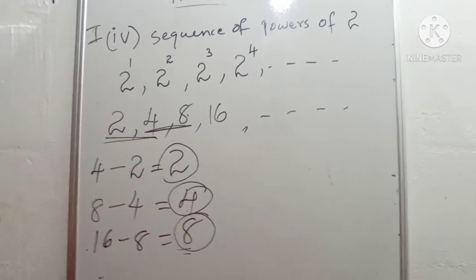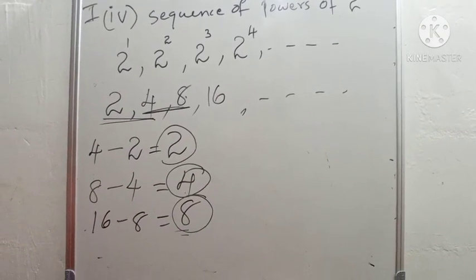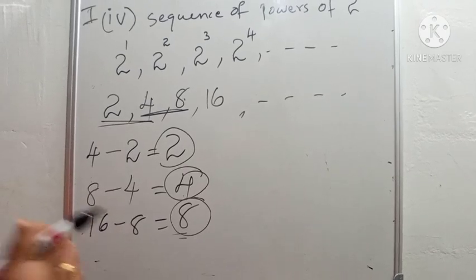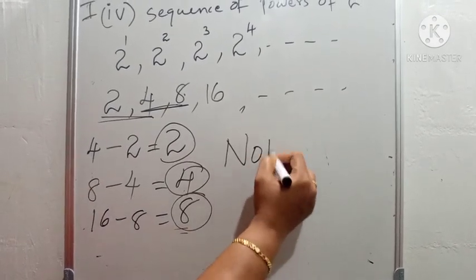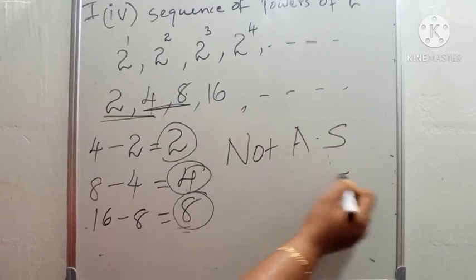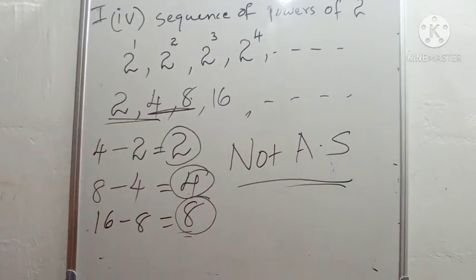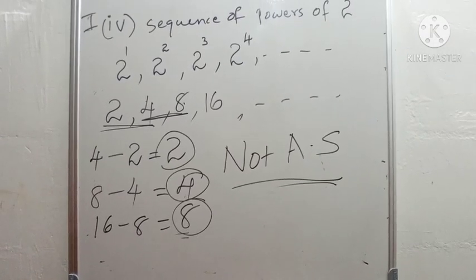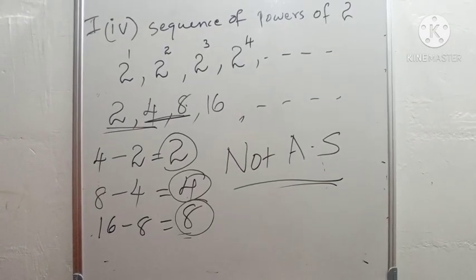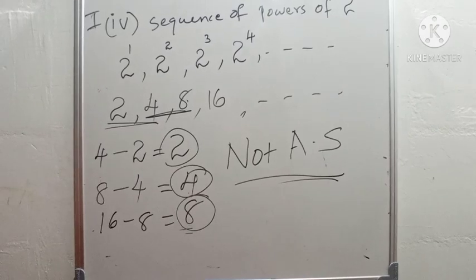The differences are different. So this one is not an arithmetic sequence, because there does not exist a common difference.